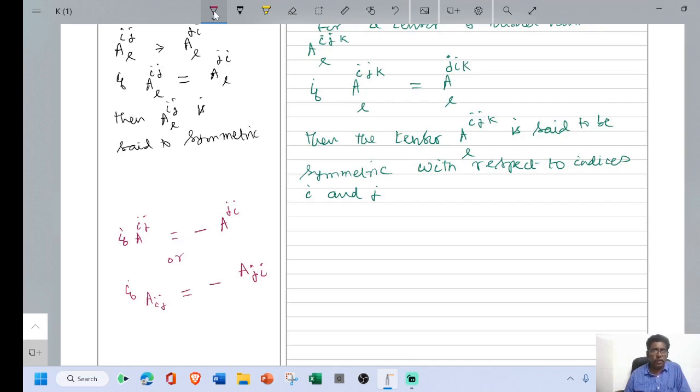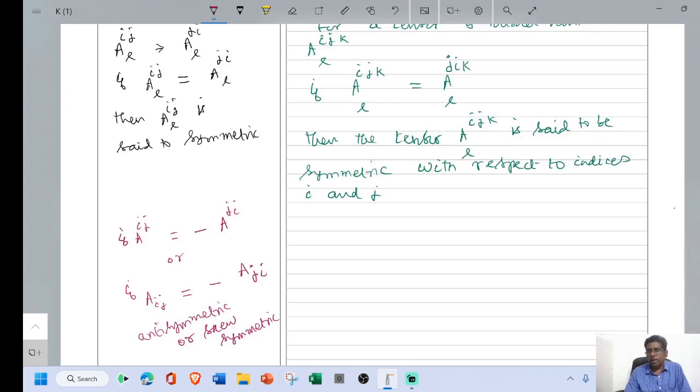If you interchange these two indices, if the sign of the tensor is changed, this is called antisymmetric or skew symmetric.